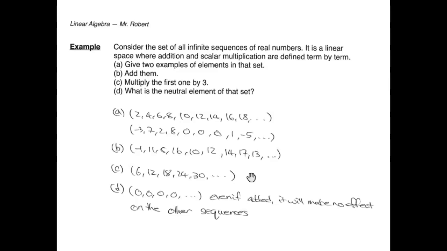Is there a neutral element? Yes, there is. If you choose the infinite sequence 0, 0, 0, 0, then you can add it to another sequence, and the other sequence will remain what it is. So questions that may arise with this, thinking of vectors, when we had two vectors in 3D, for example, we may have wondered, what is the span of these two vectors? Where can I travel in space with just these two vectors that are pointing in weird directions?